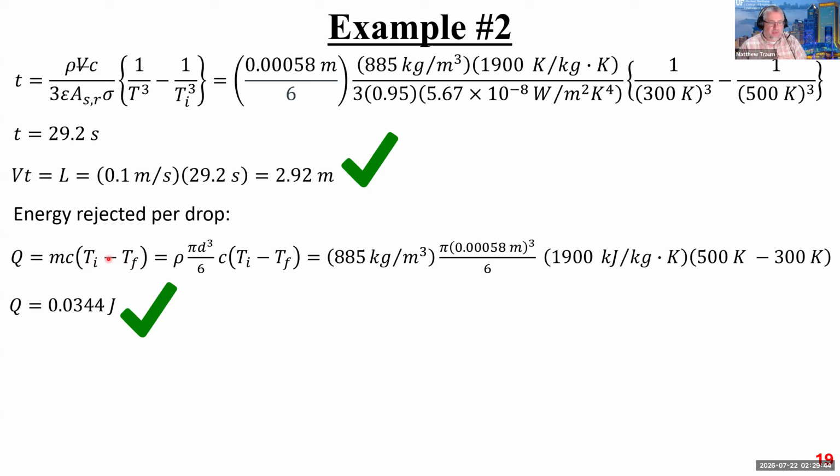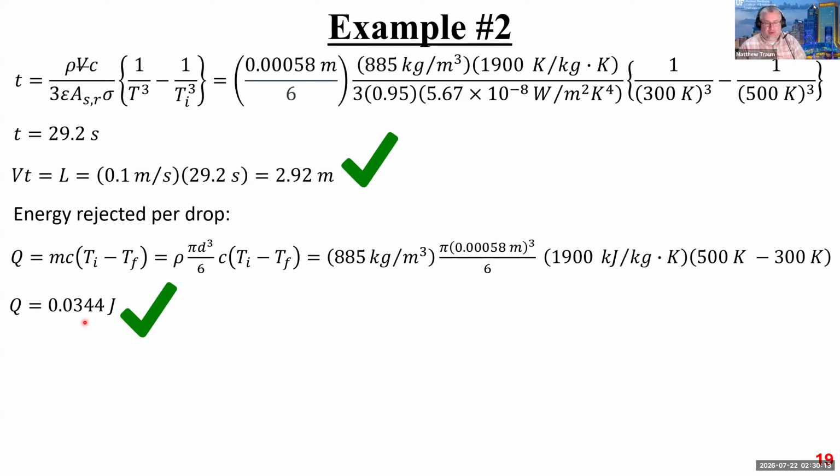So all I have to do is find the mass. The mass is just the density times the volume. So here I am just carrying out the volume calculation for a sphere. Here I'm multiplying by the thermal mass. Right here I'm just doing some of the background math. And then putting in this temperature difference, 500 minus 300, and then carrying out all the math.